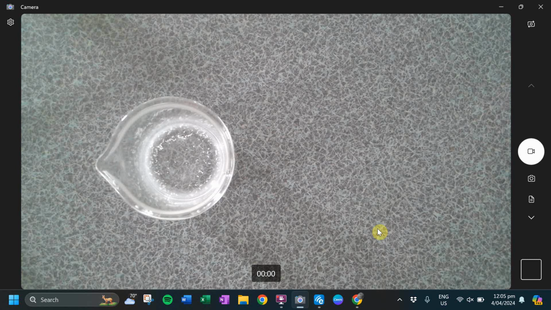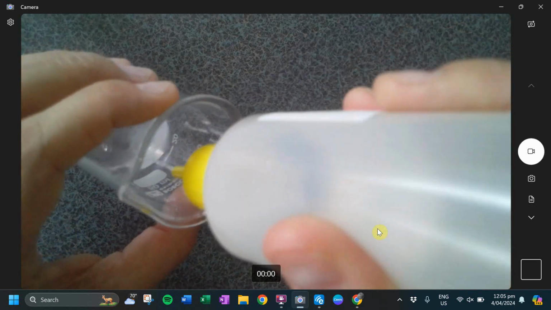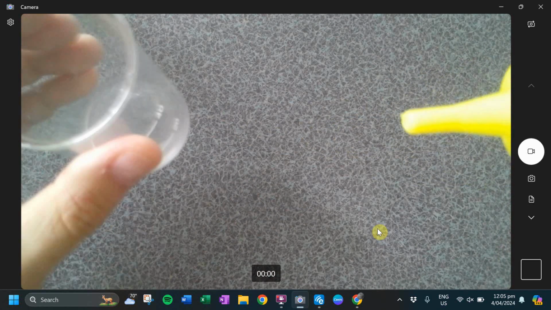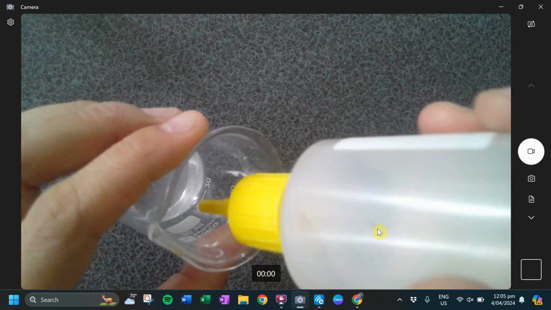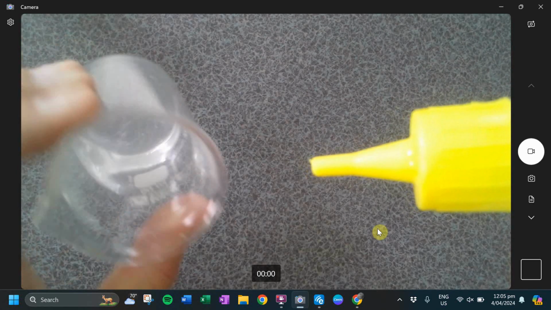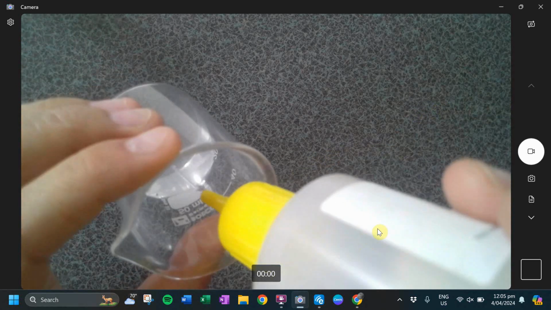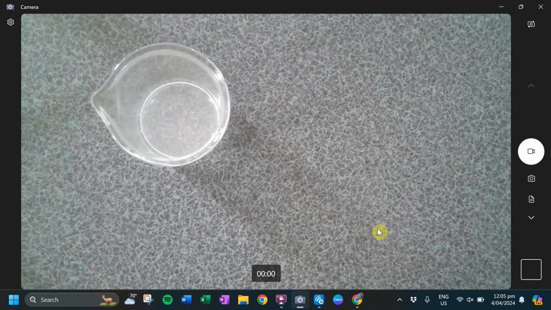Make sure our goggles are on. Give it a good swish around. Now, you may not be able to dissolve all of it, but you might be able to dissolve some of it. So if you can dissolve some of it, then I would say it's dissolving. What do you guys think? Starting to dissolve, isn't it?